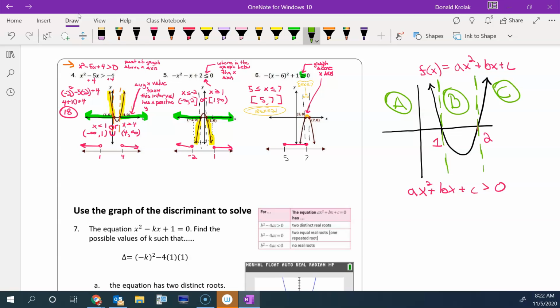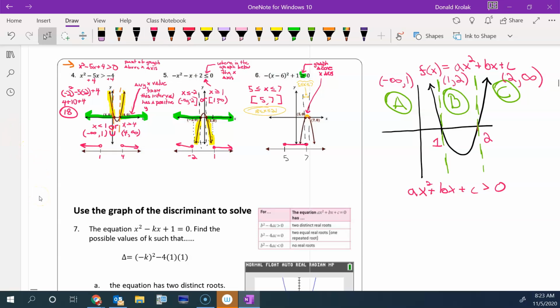Each one of those is known as an interval. The A interval would go from negative infinity to 1. The B interval is between 1 and 2, and the C interval is from 2 to infinity.